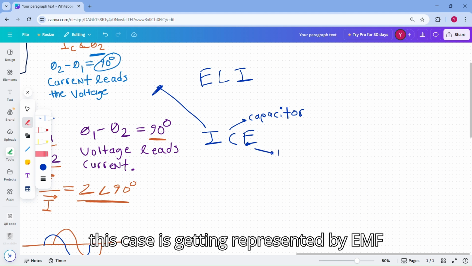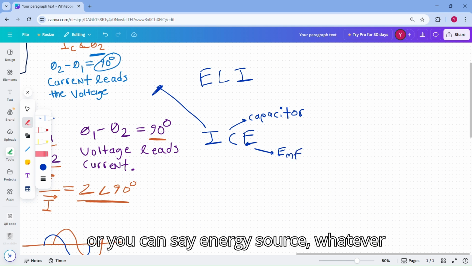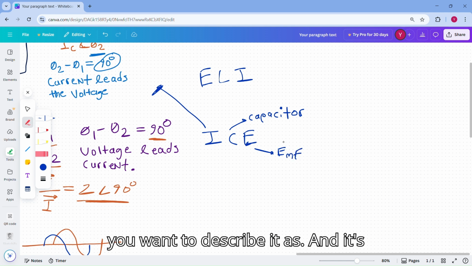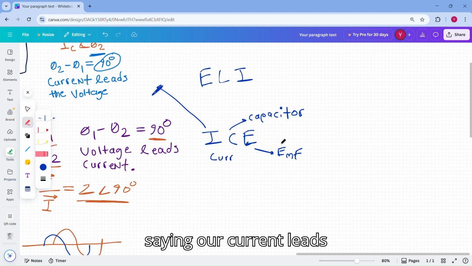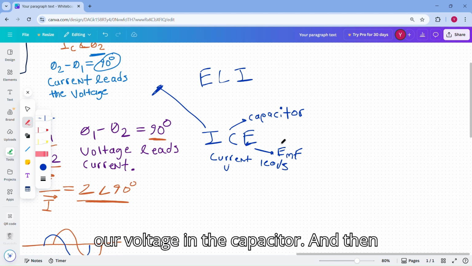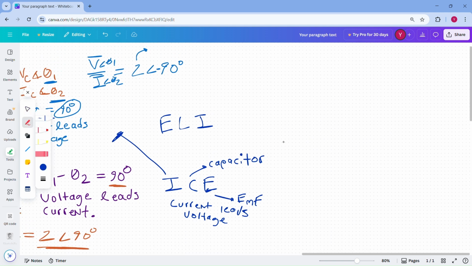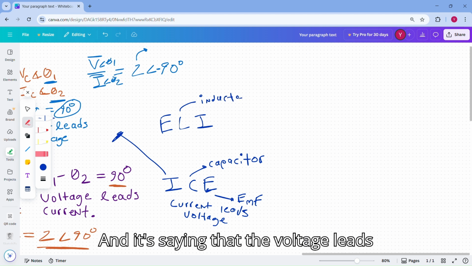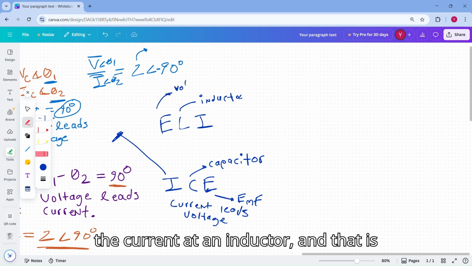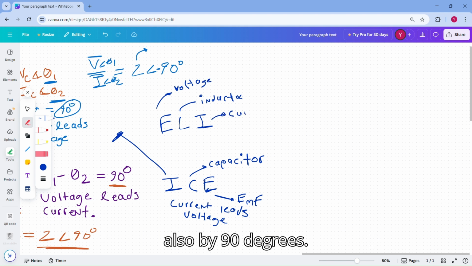So our voltage in this case is getting represented by EMF, or you can say energy source, whatever you want to describe it as. And it's saying our current leads our voltage in the capacitor. And then for ELI, it's talking about the inductor. And it's saying that the voltage leads the current at an inductor. And that is also by 90 degrees.